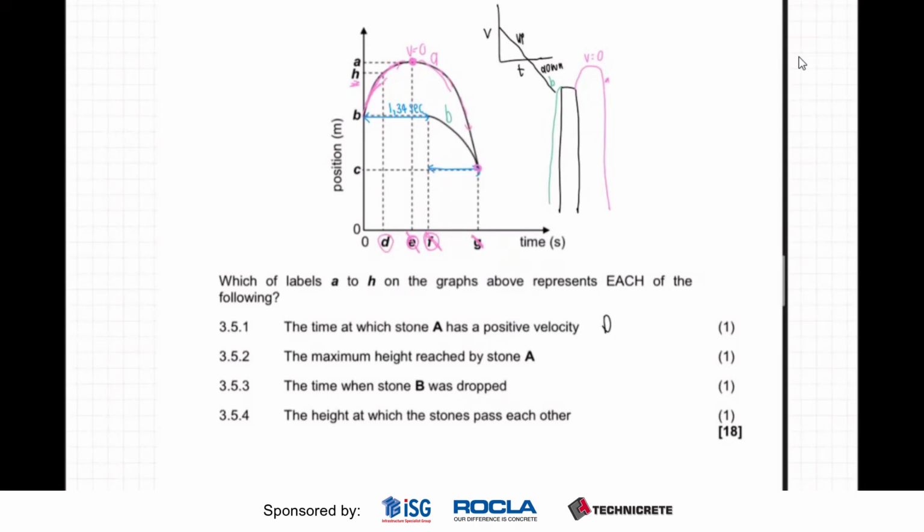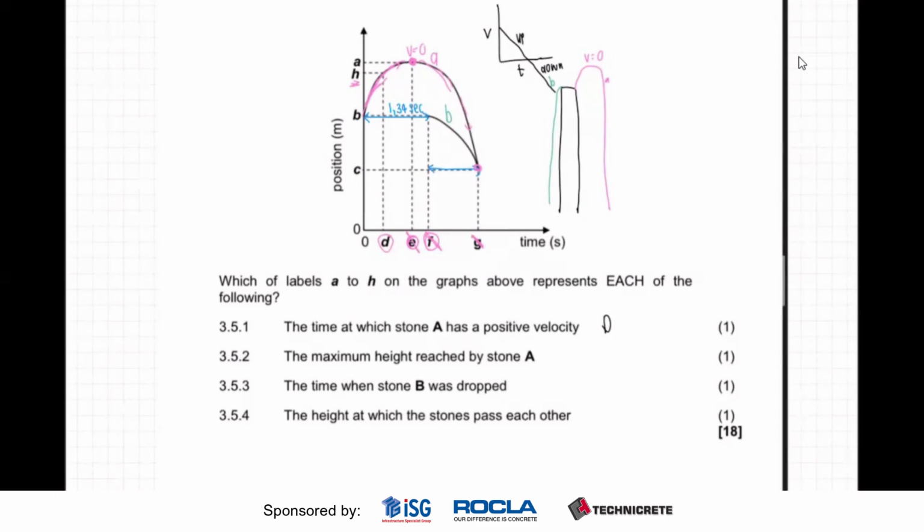Okay, now they're asking for the maximum height reached by stone A. So we have position versus time. Position and height are basically the same thing. So where is the position of stone A the highest? And we don't want at what time is stone A at its maximum height.